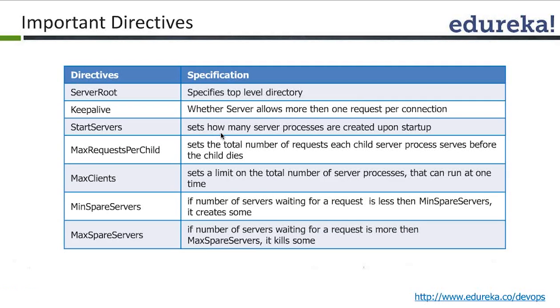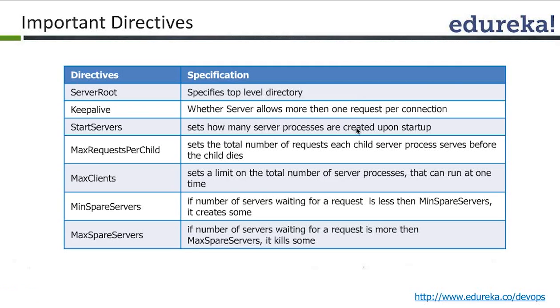Start servers sets how many server processes you have to start. So when Apache starts, there is a server which starts up, and this server handles each of your client requests.